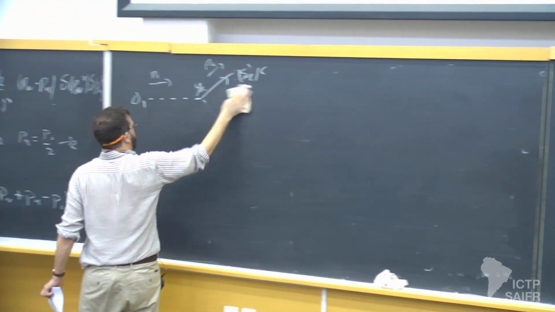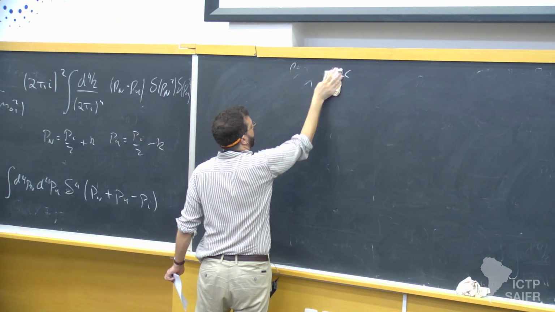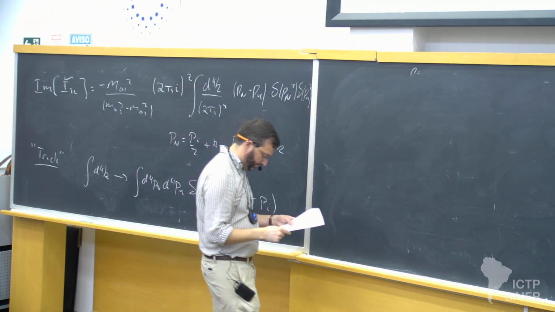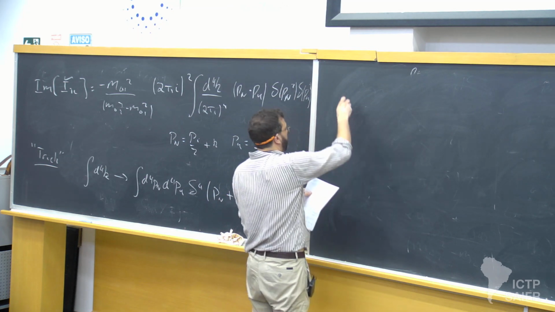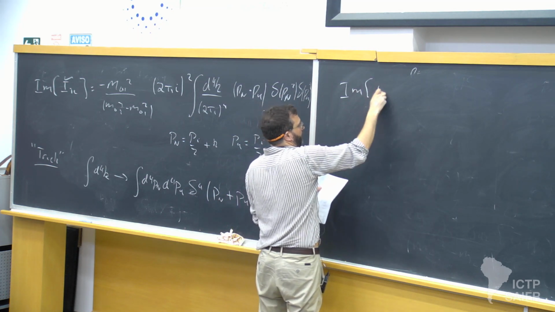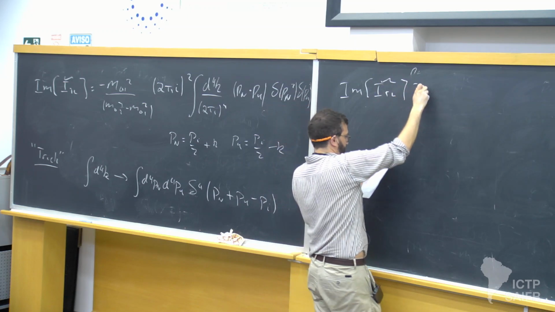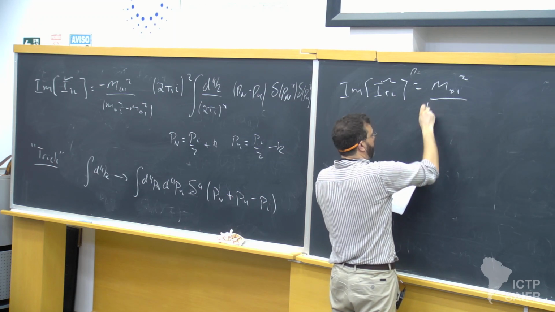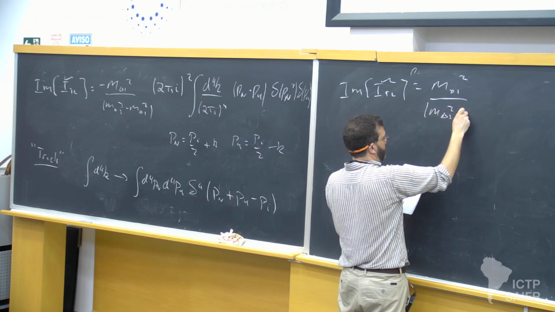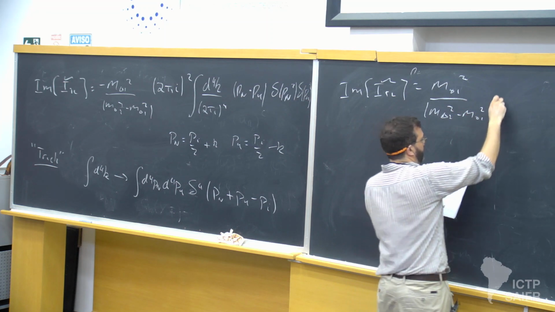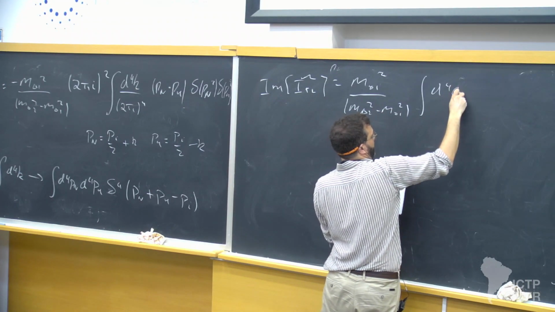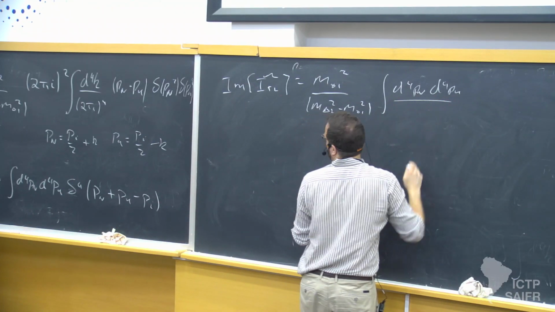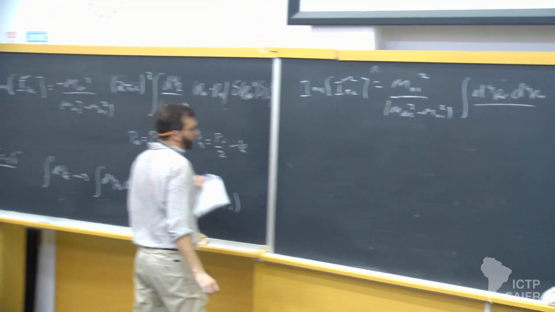So this is a useful trick in a lot of calculating these cut diagrams. Okay, so in the end, we get that this is m delta 1 squared on m delta 2 squared minus m delta 1 squared, d4 Pn, d4 Pu on, I cancel off some of these factors of 2 pi.